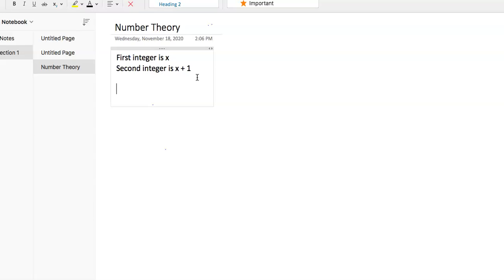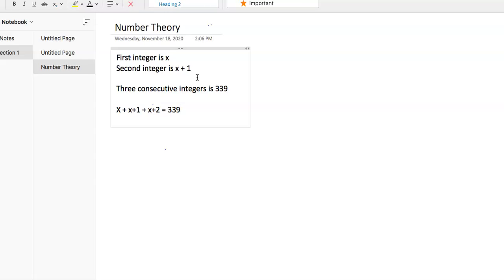Okay, so this one says 3 consecutive integers total 339. And then he wants to know what each of them are. All we do to set this up is x plus x plus 1 plus x plus 2 equals 339.